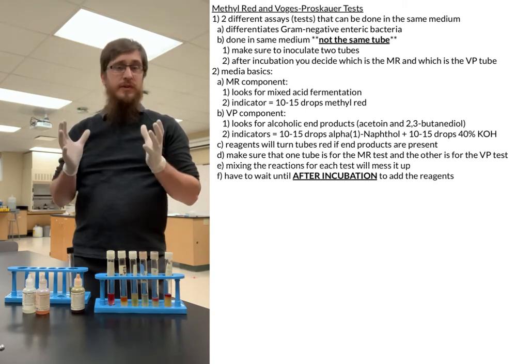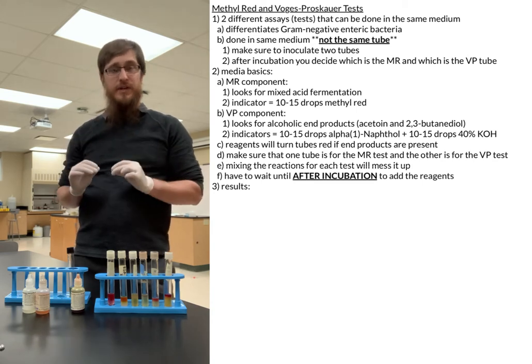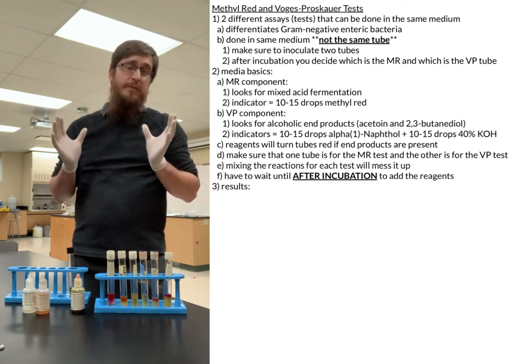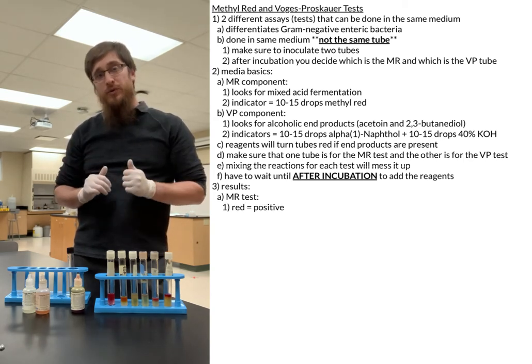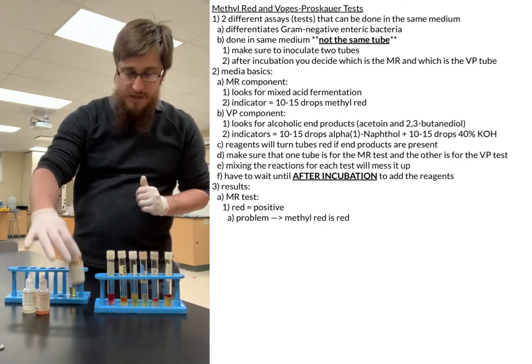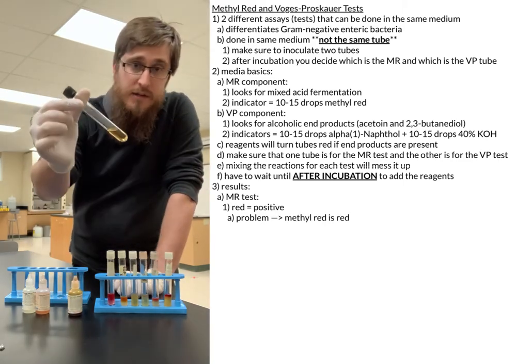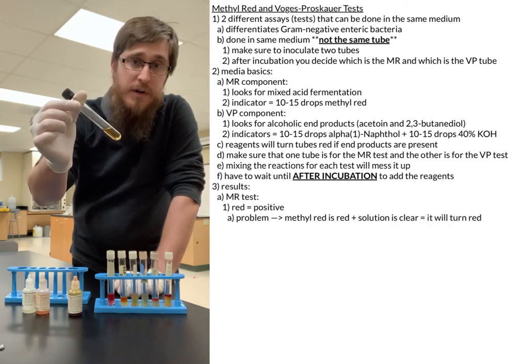In terms of scoring them and looking at their results, these guys can be kind of tricky. Let's go ahead and just talk about the MR tube first. Like I said, red normally means positive, but here's a problem. Methyl red is red, and we're adding it to a clear tube, which means it's going to turn red no matter what.